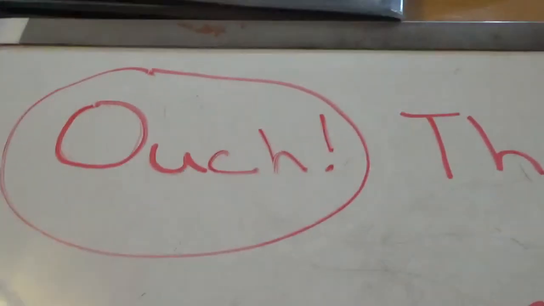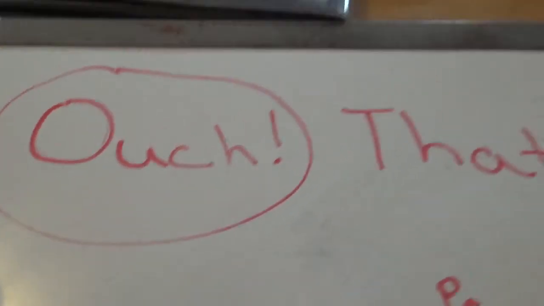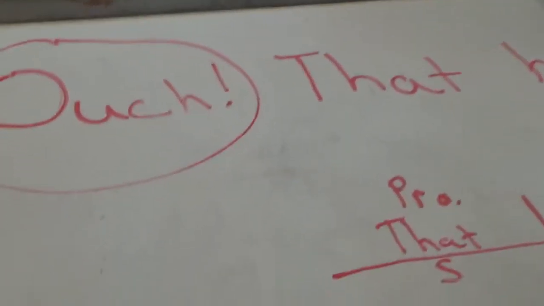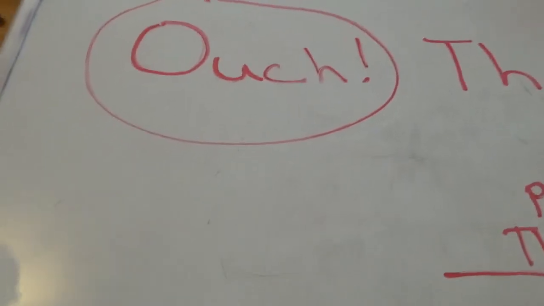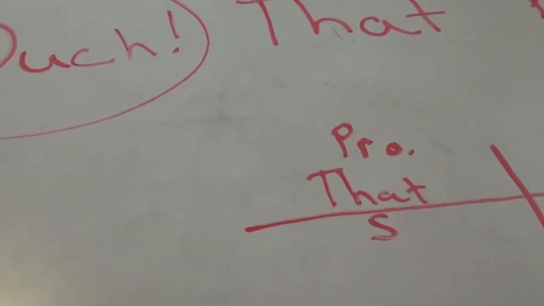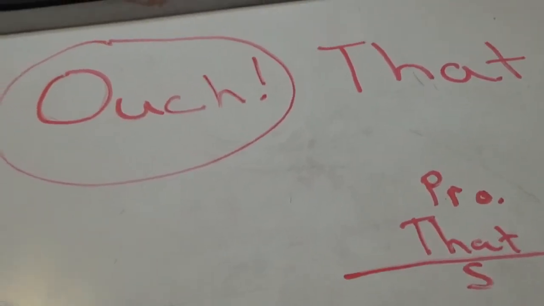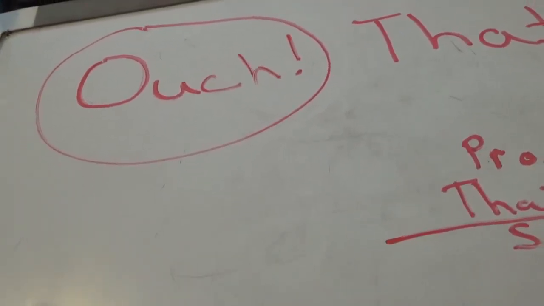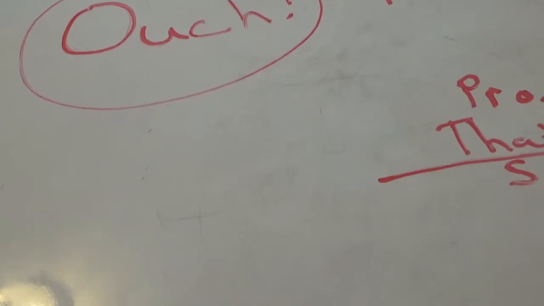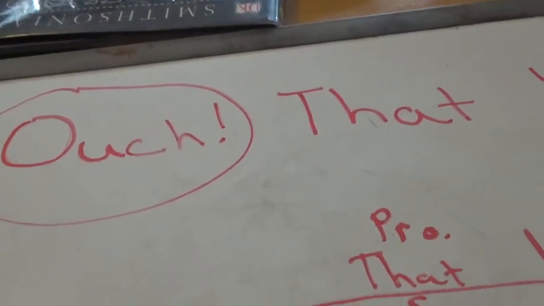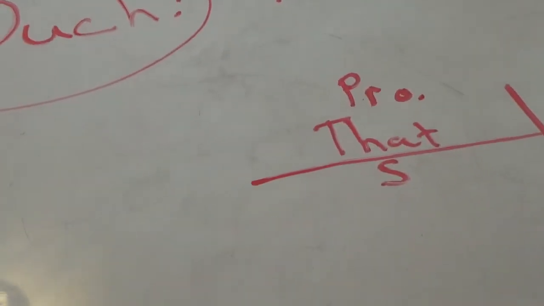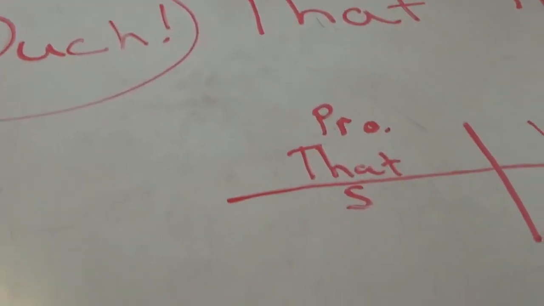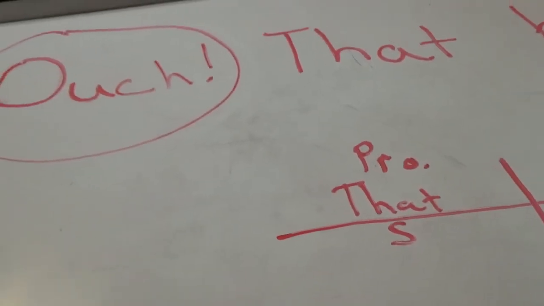Okay, now let's look at the word ouch. This is where we're going to talk about our final part of speech. We've talked so far about nouns, pronouns, adjectives, adverbs, prepositions, conjunctions, and I'm missing one of them.